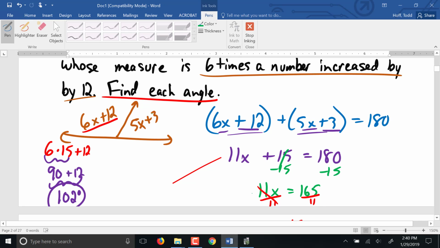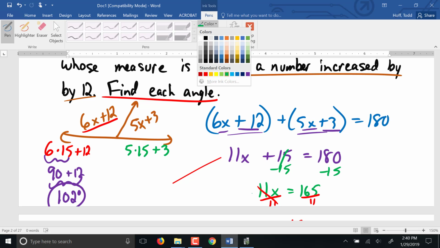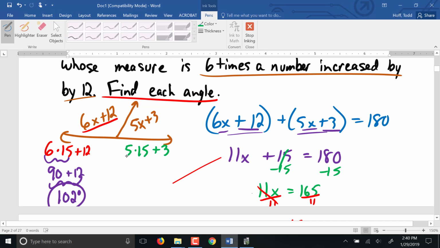Over here, this is 5x plus 3, so x is 15. So that's 5 times 15 plus 3. 5 times 15 is 75. Plus 3 is 78. 78 degrees. And just to double check, 102 plus 78 does equal 180, so they are supplementary.